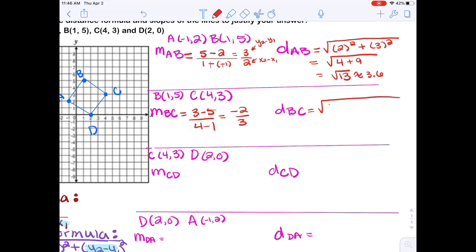Remember, the denominator represents x2 minus x1, so I'm going to say 3 squared plus negative 2 squared. So I would get 3 squared is 9, negative 2 squared, make sure you put the parentheses around it, is 4. So here I get square root 13, which is approximately 3.6.